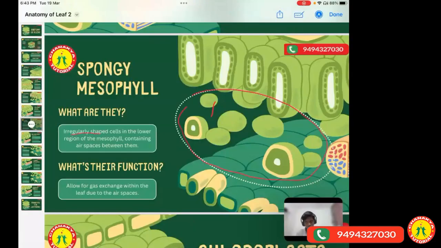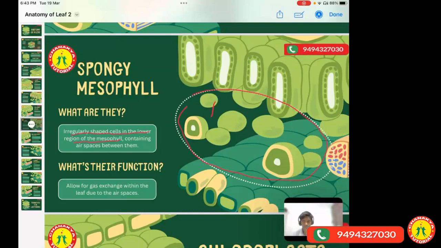They are irregularly shaped cells in the lower region of the mesophyll. So basically on the downside of the leaf they are present and they contain air spaces between them. Since they have air spaces in between them, they are called spongy. Due to the presence of these air spaces, sometimes water also moves into them.